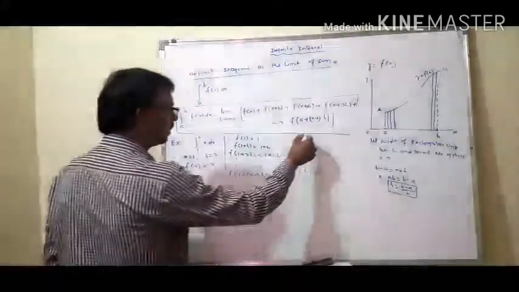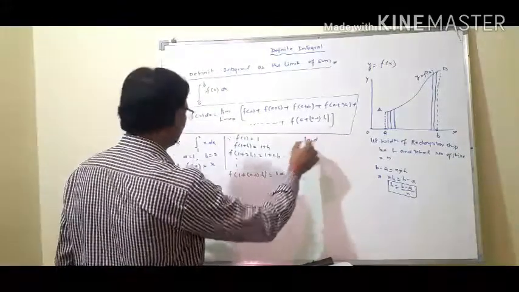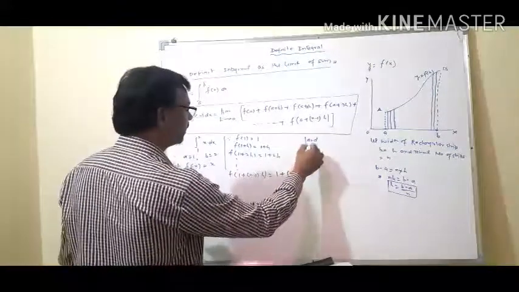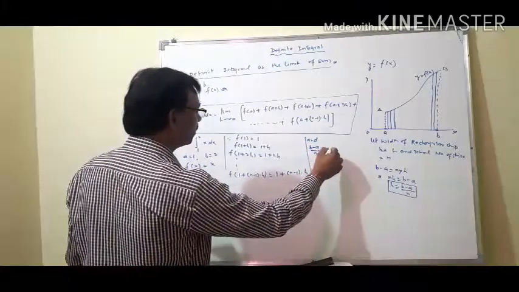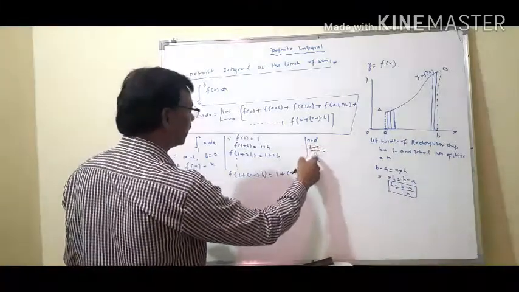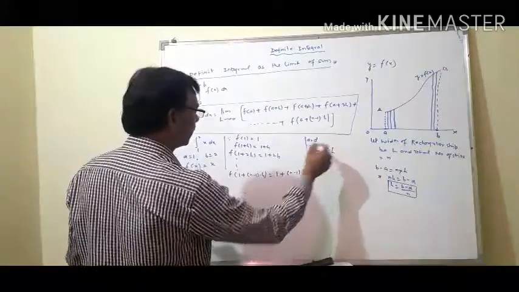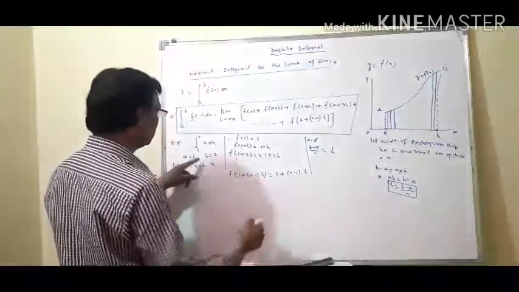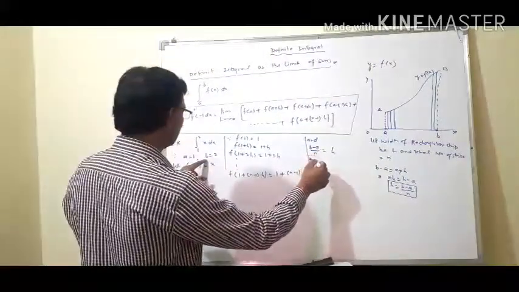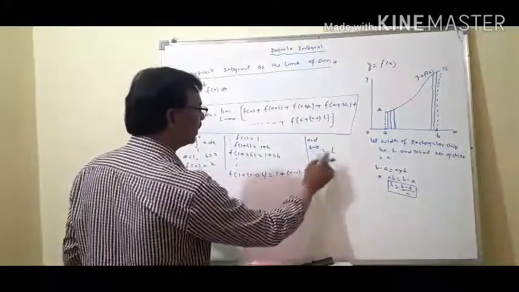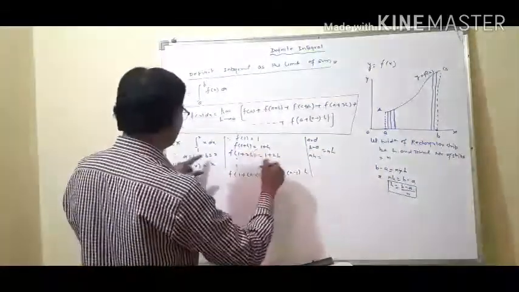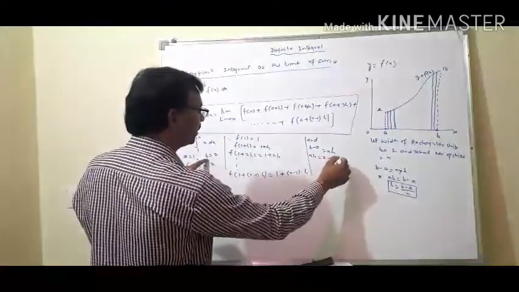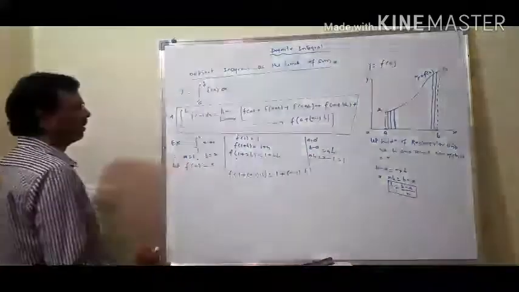And as we write, nh equal to b minus a, where b means 2 and a means 1, so nh equal to 1.